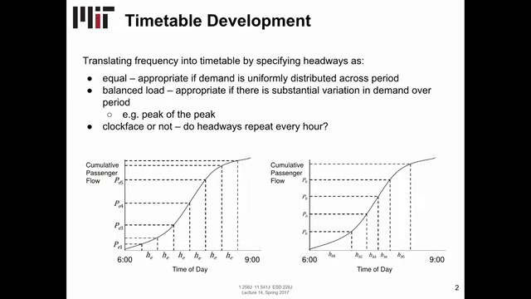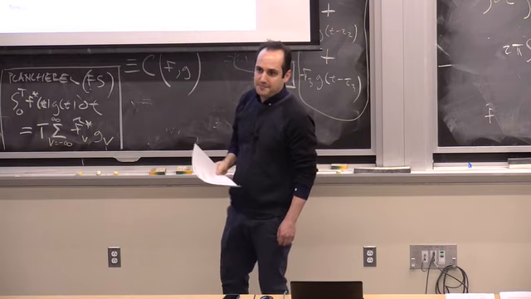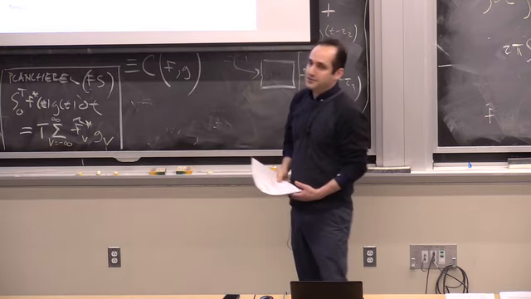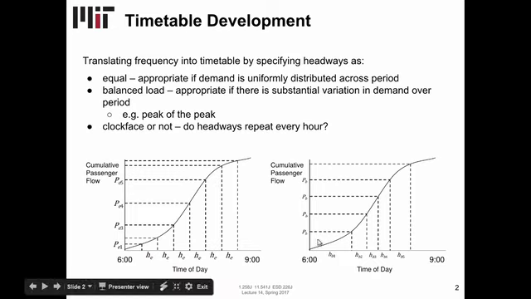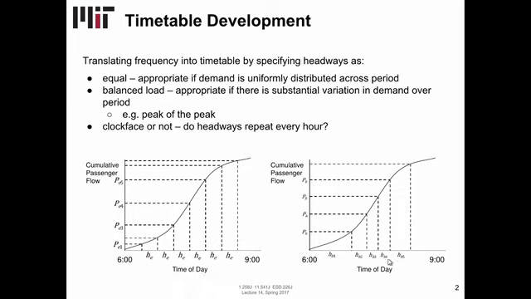If you distribute your headways on the cumulative passenger flow evenly, then you would get balanced loads. As you can see, the headways here, 1, 2, 3, 4, 5, balance loads for timetable development. The other alternative way of developing timetables would be trying to design a clock-based service.